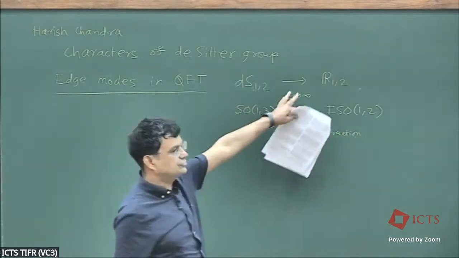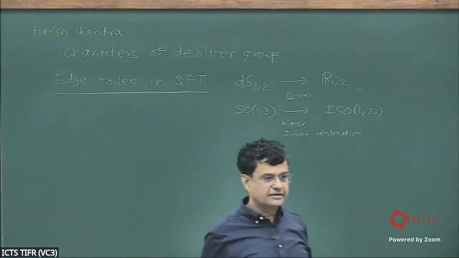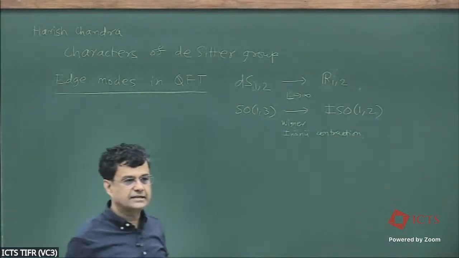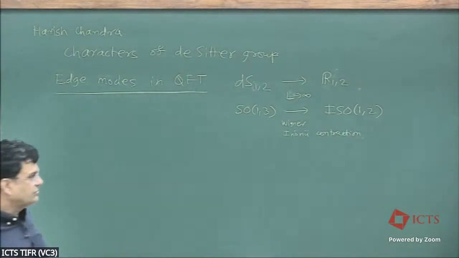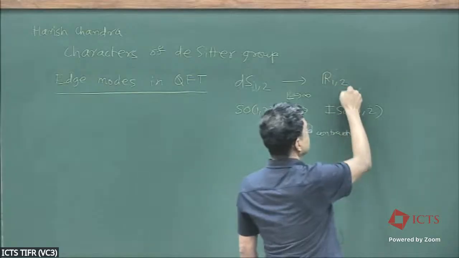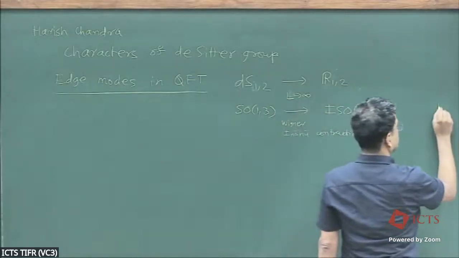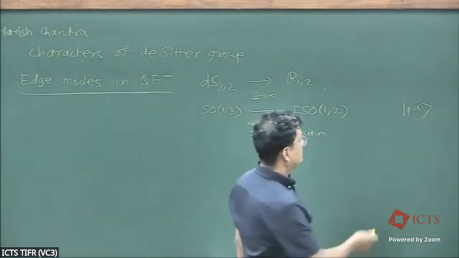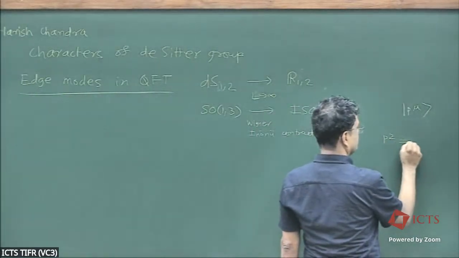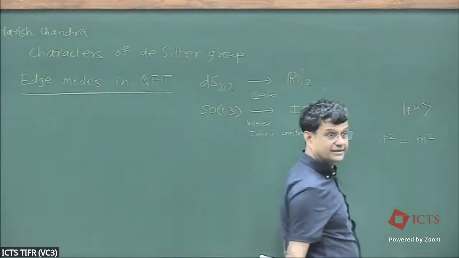You're used to the representation theory à la Wigner, that all states are labeled by masses and spins, right? The infinite dimensional representation of ISO(1,2), for example, is labeled by P mu. But there is a quadratic Casimir, P squared equals M squared.